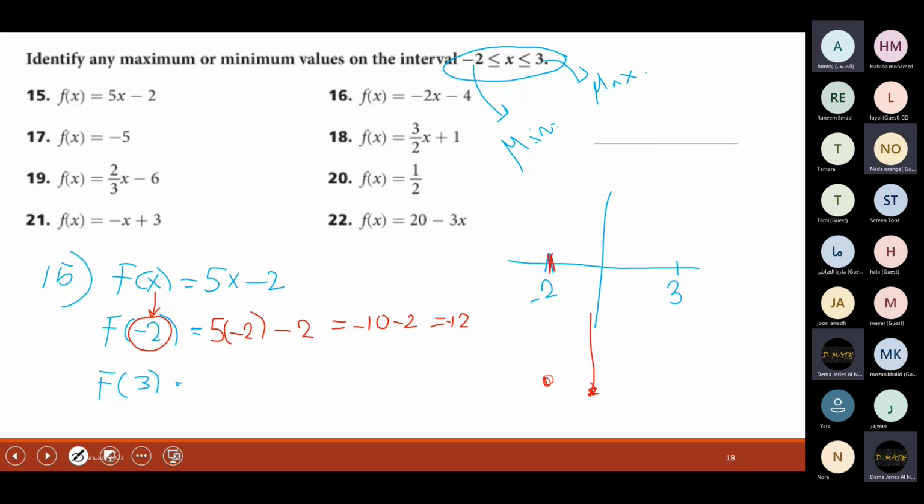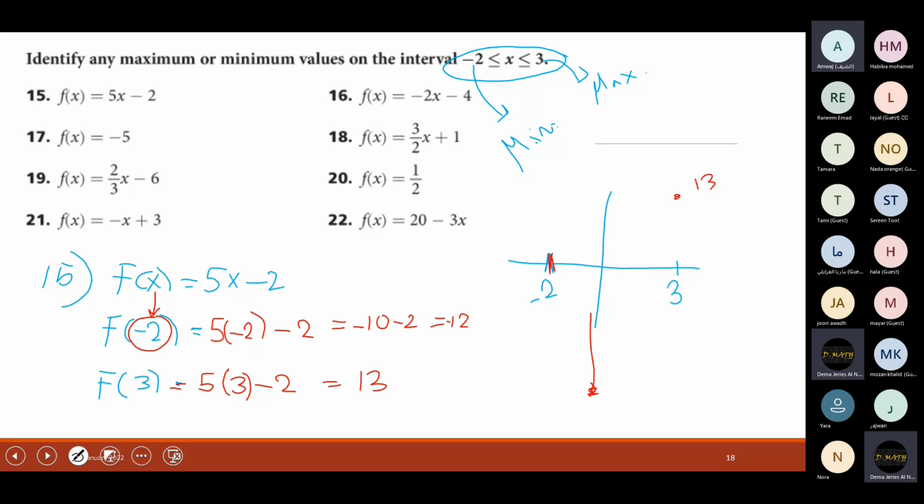Minimum range. Second one, f of 3. The same step: I will substitute x with 3. So 5 times 3 minus 2. 5 times 3 is 15, minus 2 is 13. So when x is 3, y is 13.